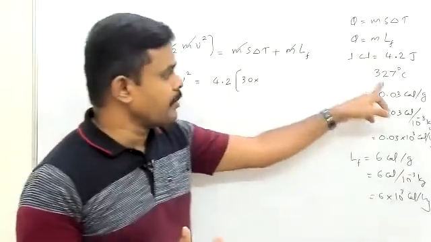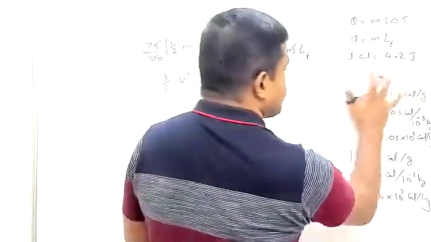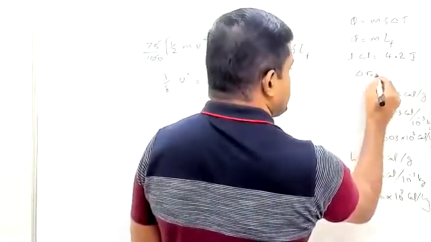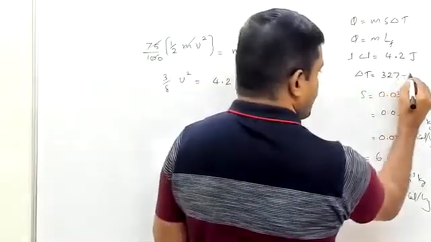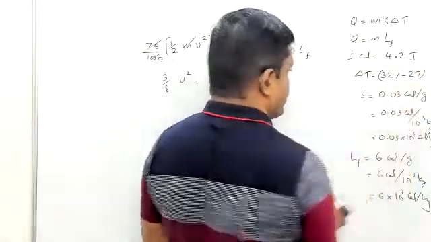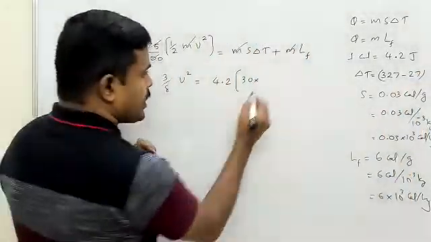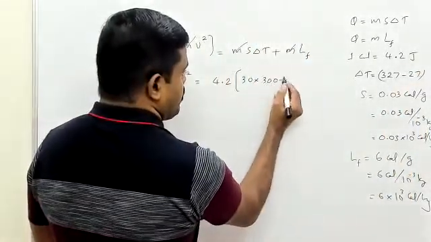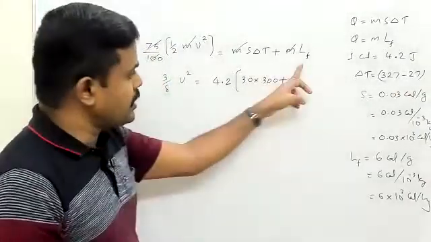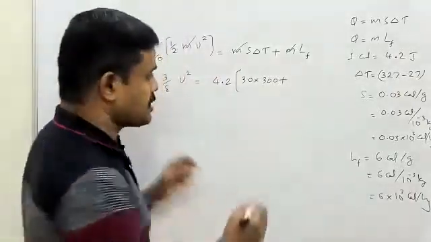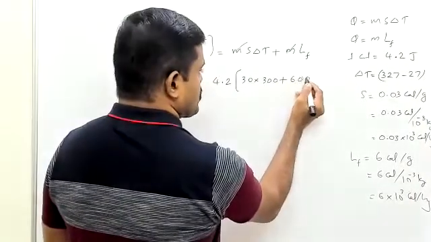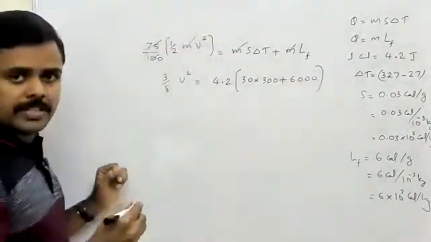It has reached its melting point. So delta T is 327, the melting point, minus the original temperature, 27. That makes it 300. I can put it here, 300 plus latent heat of fusion, it is given 6 into 10 power 3. That is 6,000.